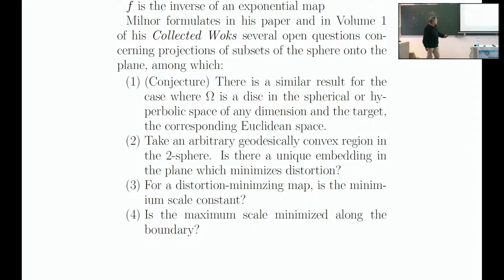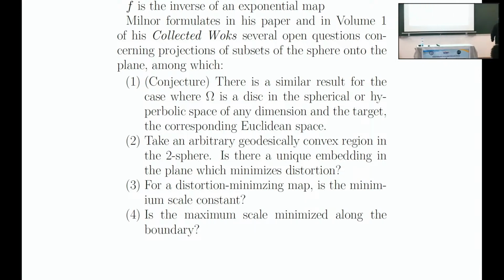This is now, you see, these questions here are about uniqueness, constructibility, and so on. Now it's a more special problem. Take a geodesically convex region in the two-sphere. Taking a geodesically convex region simplifies the problem.